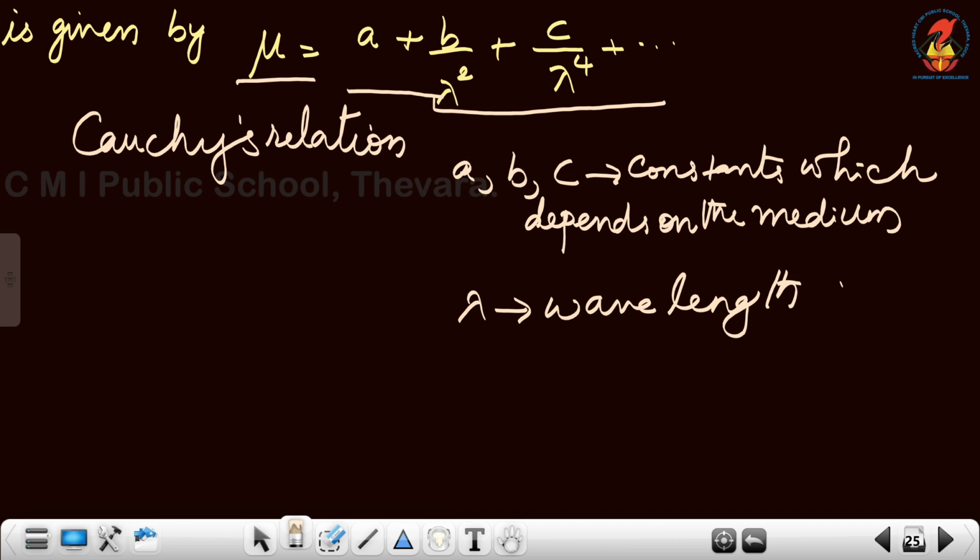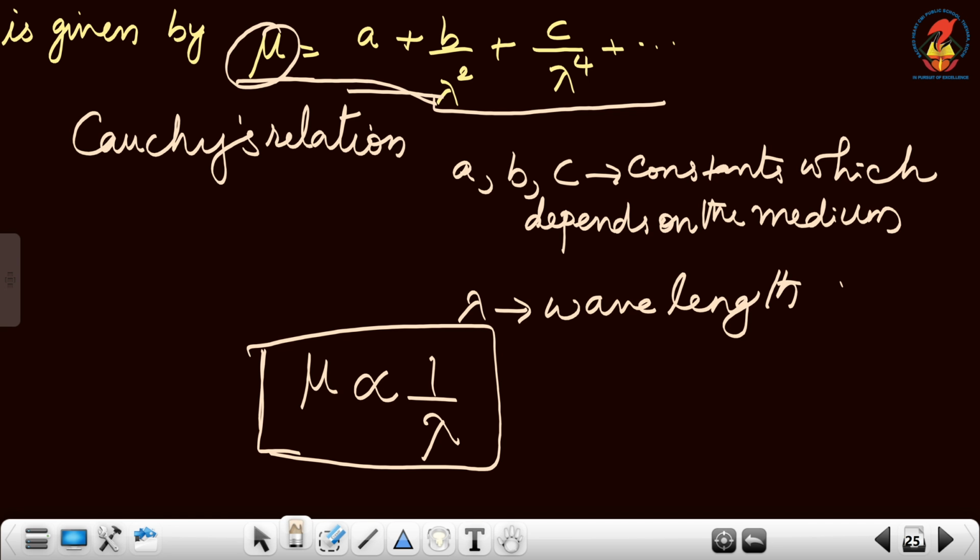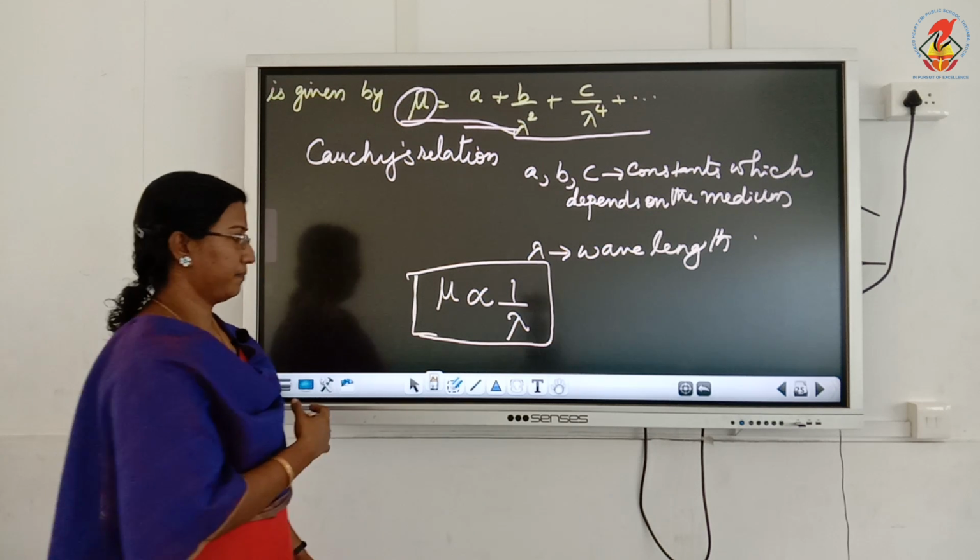So from this relation it is clear that the refractive index is inversely dependent on the wavelength of light. So mu is inversely dependent on the wavelength. So greater wavelength means lesser refraction.